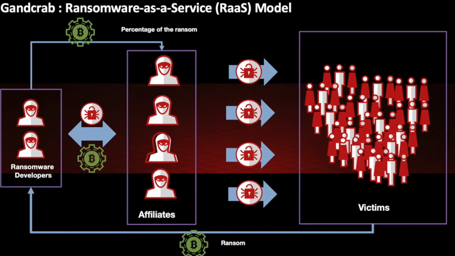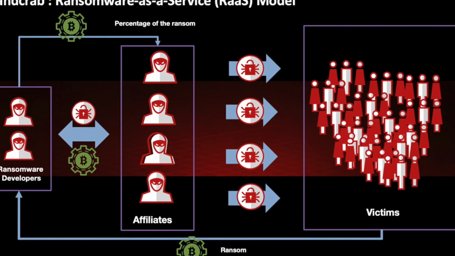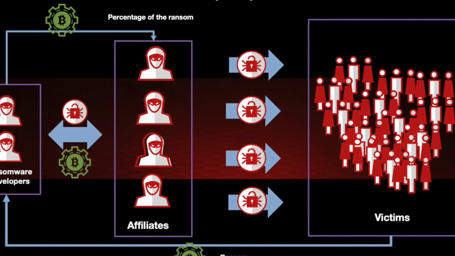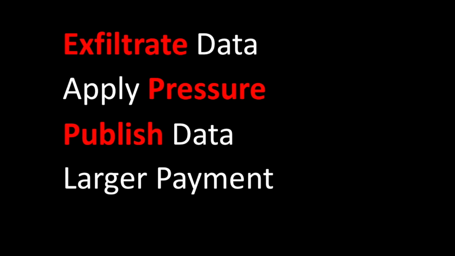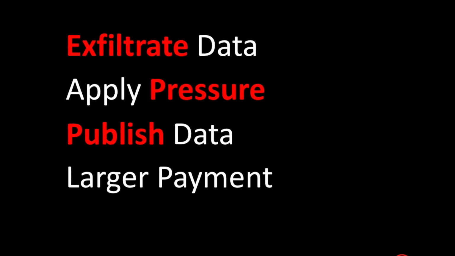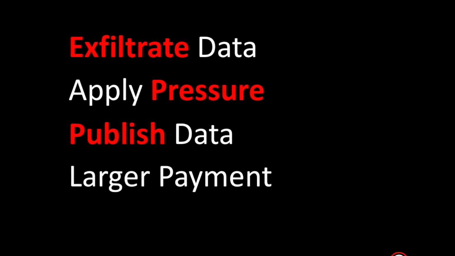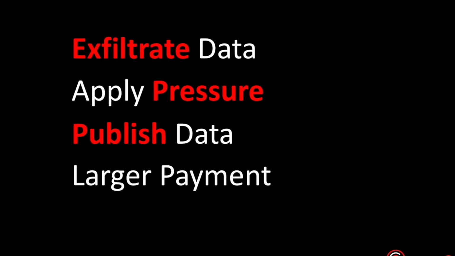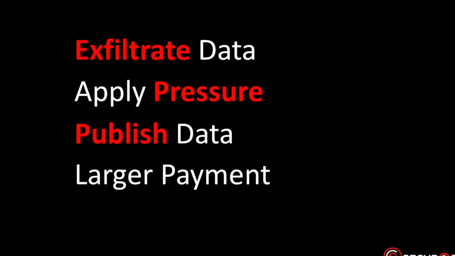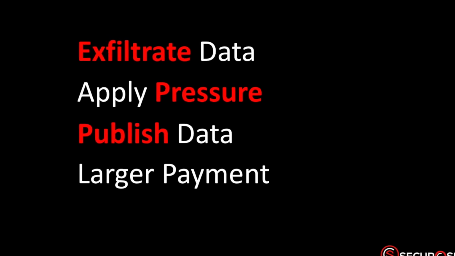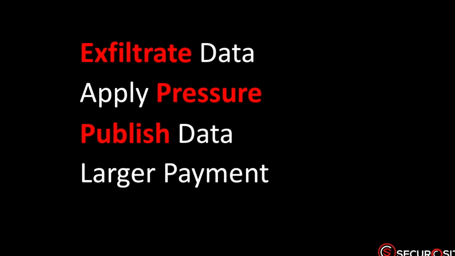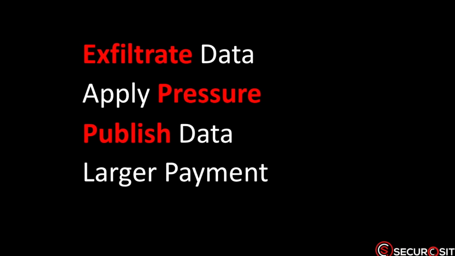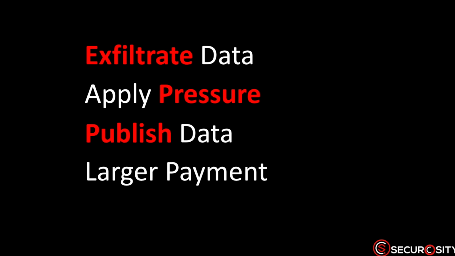With the new business model, once the cybercriminals gain a foothold into an organization's network, they will first exfiltrate the data, search and delete any backups, and then encrypt the files. With the data on hand, they will put pressure on organizations to pay ransom to obtain the decryption keys. If the organizations don't comply, they will threaten to publish the data.